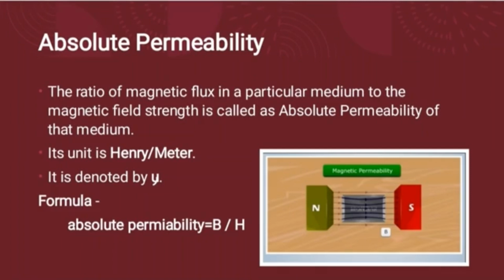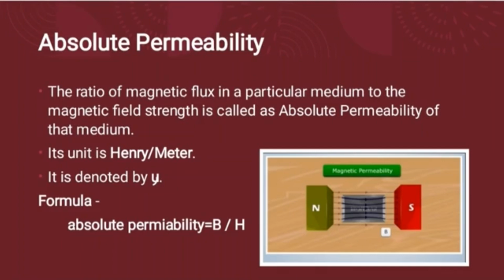But when we place iron filings near the bar magnet, they are attracted, because the iron filings or iron rod allow the magnetic flux to flow through them. So iron gives permission to the flux to flow through it.